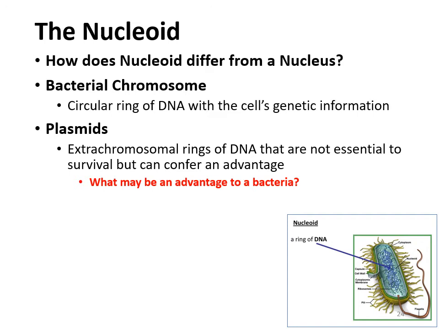So when we talk about antibiotic resistance in lab and in a later lecture, remember that bacteria get antibiotic resistance from plasmids, from genes on plasmids. Okay, so when I wrote what may be an advantage to a bacteria, the answer is antibiotic resistance.